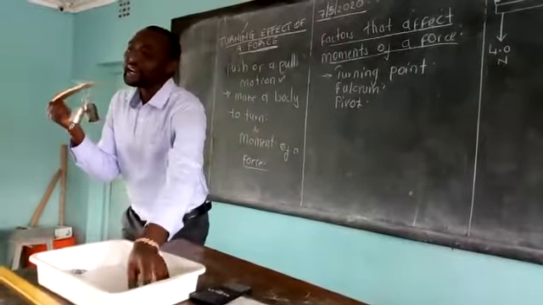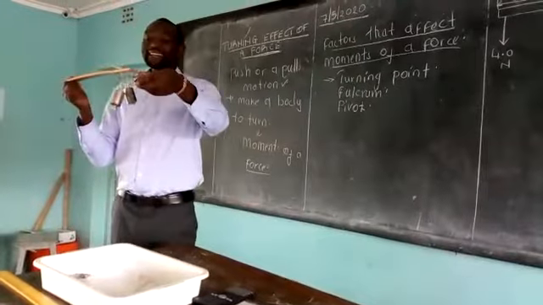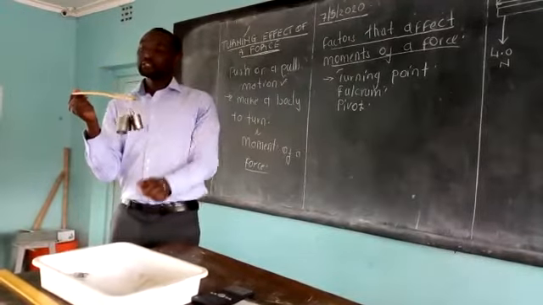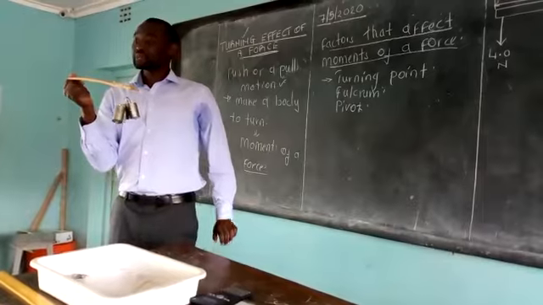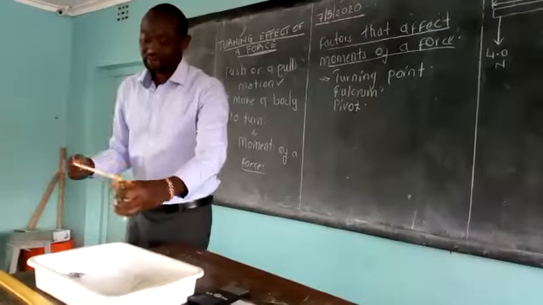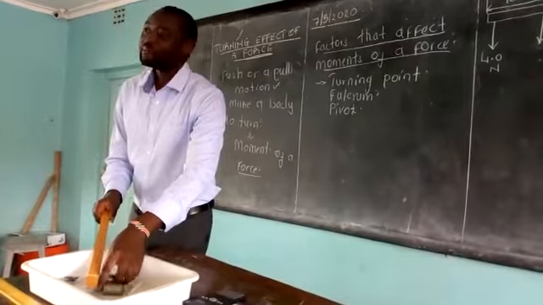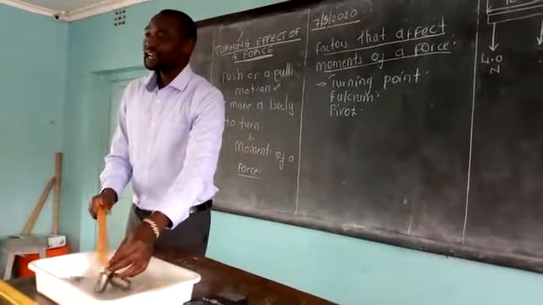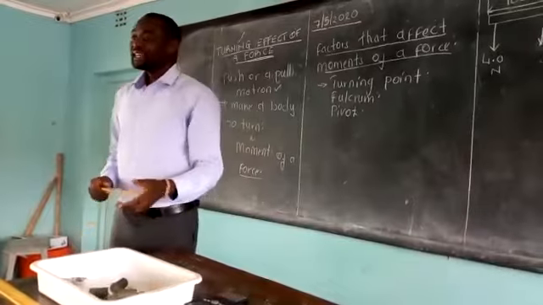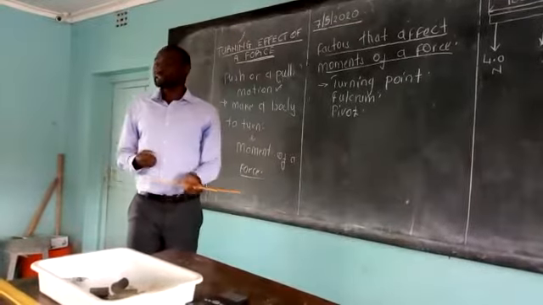What would happen now if we add the third mass? Look, it's almost impossible. What do we learn from that? As I add more mass, I'm adding more force. As we add more force, the turning effect becomes greater.